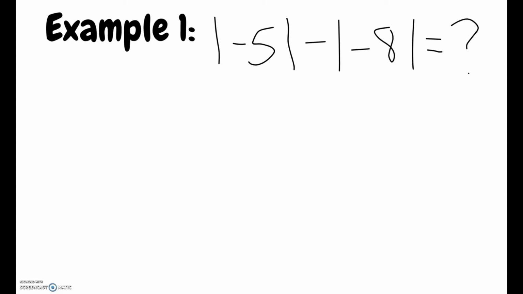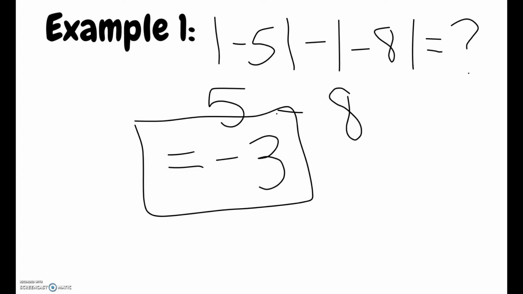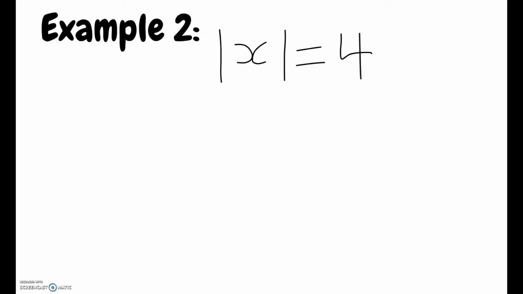So our first step in evaluating this would be to evaluate the absolute value and then write that out. So we would say 5 minus 8, as we have now evaluated the insides of the absolute value. And then we're just going to subtract normally. And 5 minus 8 is negative 3. And that would be our answer. So you can just see I'm writing out negative 3, and I'm going to circle it, and we are done.